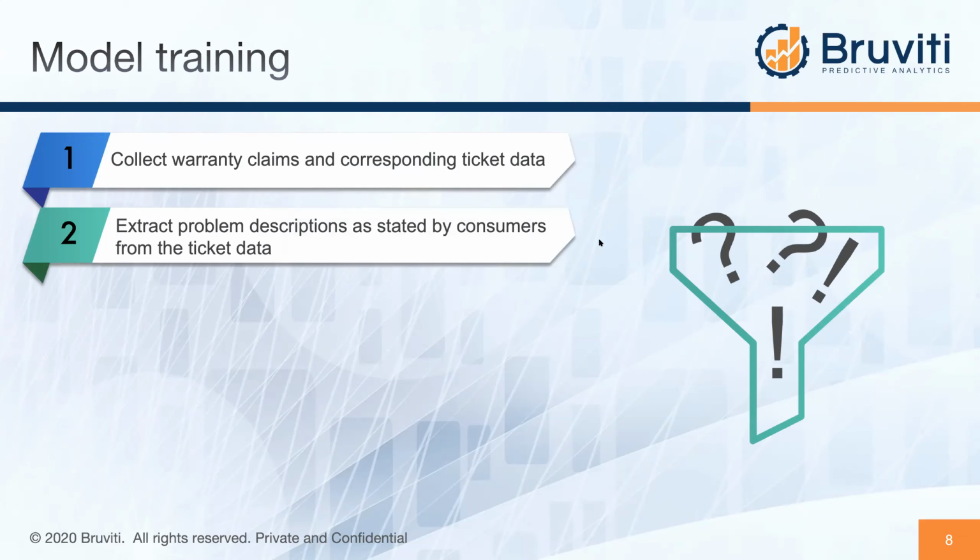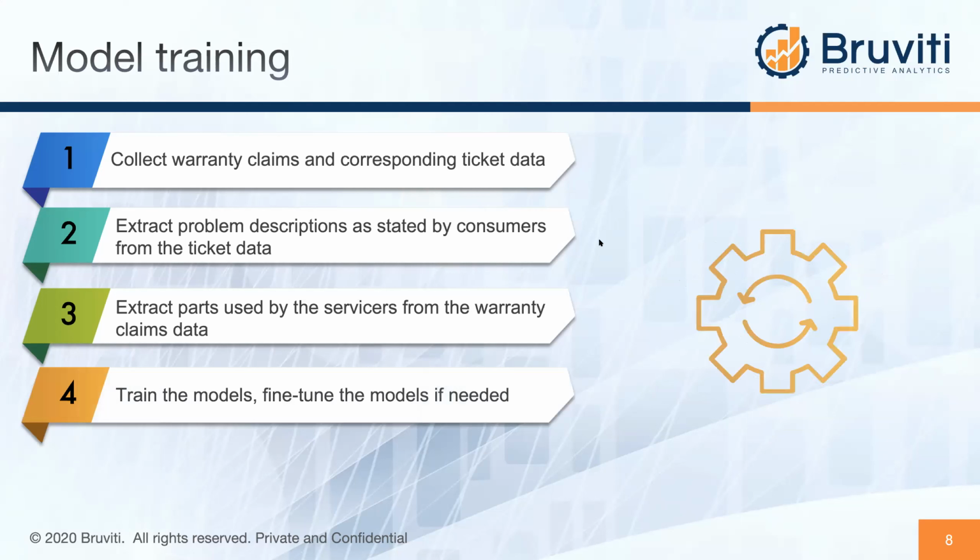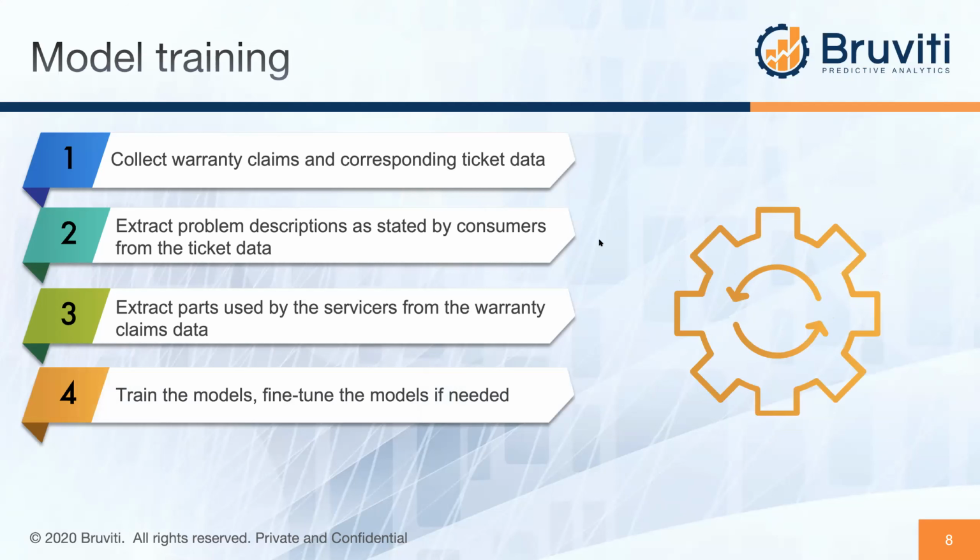This is where our natural language processing engine comes in to figure out what problem the customer is talking about, and what the relevance of that description is to the part that is required. Then based on that, we extract what parts were used in the past, and correlate that information with the warranty data and the claims data in order to predict for the future what part we think is required for a particular call.